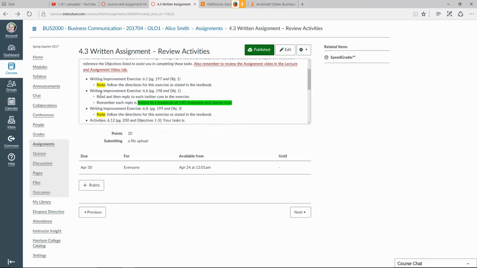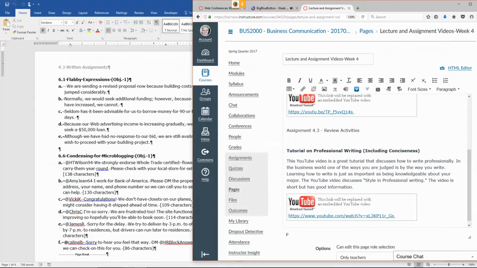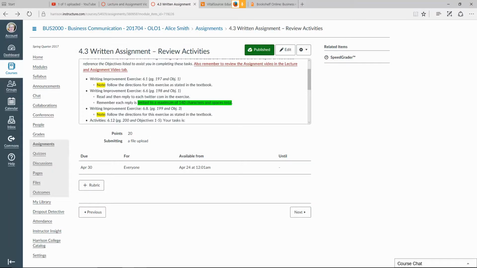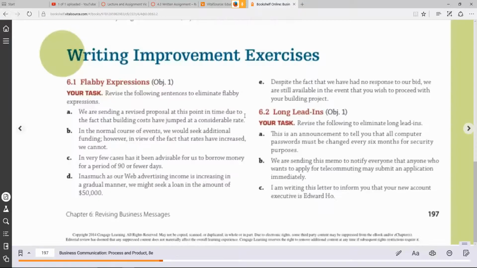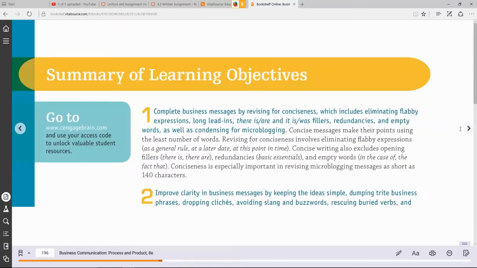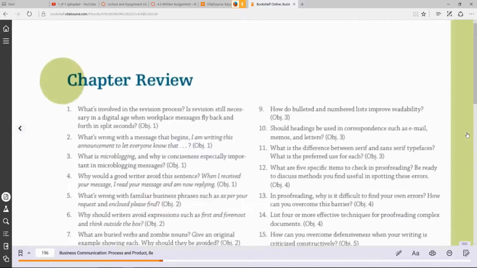Your next one is writing improvement exercise 6.6, page 198. I went back the wrong direction.